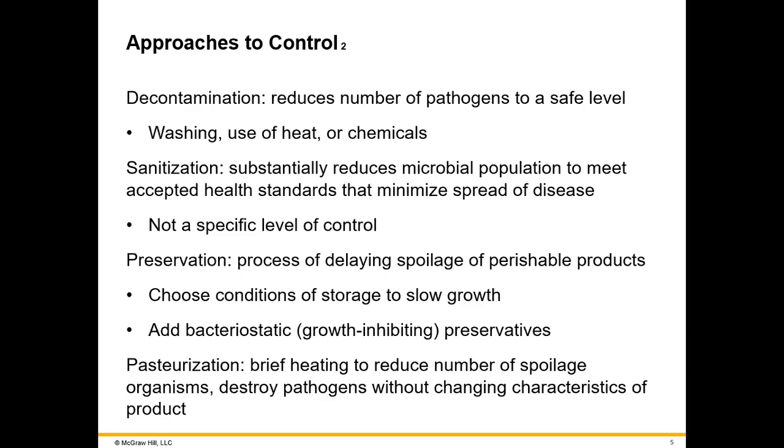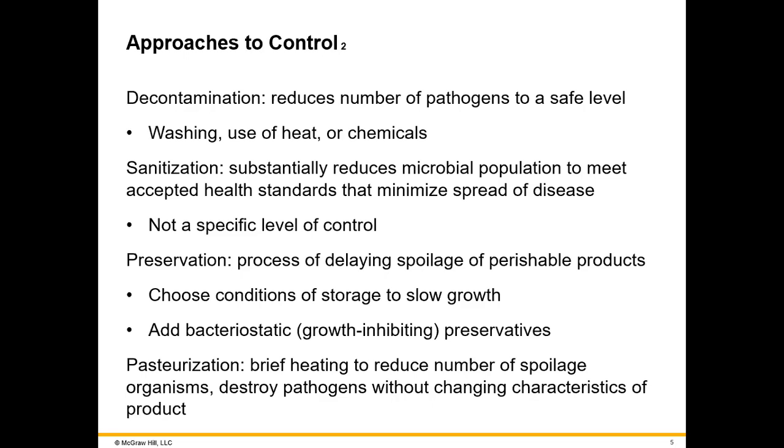The selectivity here, how this specific brief heating was arrived at, is the fact that pathogens are generally more sensitive to higher temperatures than non-pathogens. There are exceptions, of course, to this rule, such as Clostridium, which is able to produce endospores.